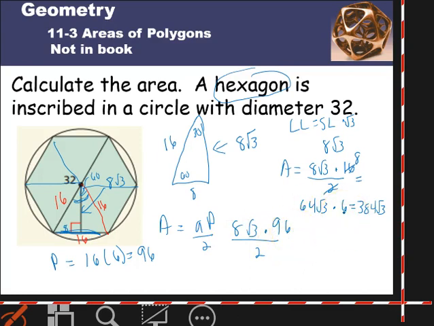So if I do 8 times 96 and then divide by 2, I get 384 root 3, which is what I got doing it the other way. So you'll see I get the same answer. Alright, so I'm just going to plug that in, 384 times the square root of 3 on my calculator, and I get 665.1.